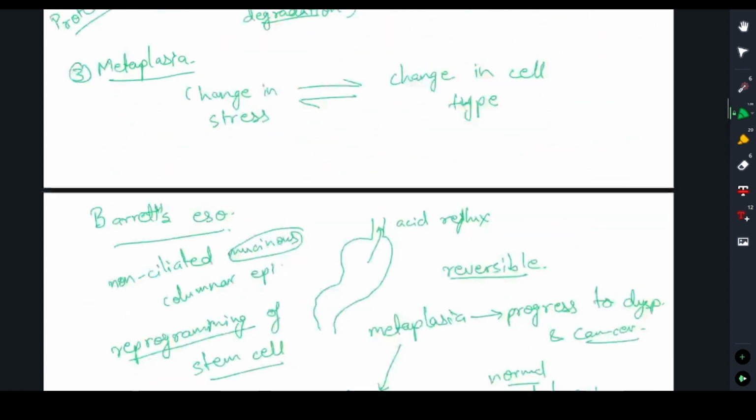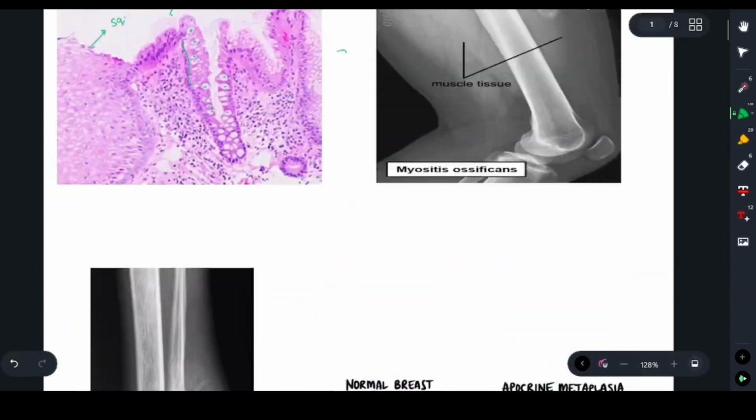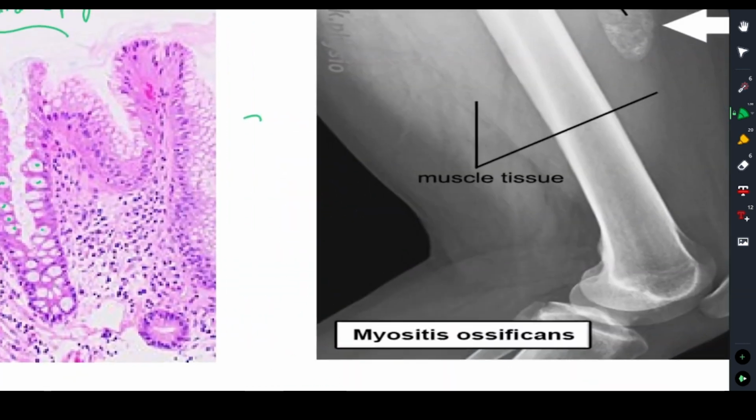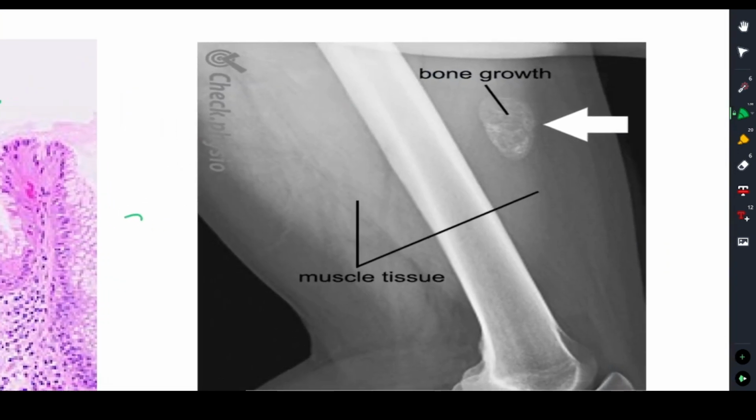So let's see the diagram. Basically, you will understand it better on the X-ray. So this is the bone, and surrounding it is the muscle tissue, right? So a trauma would have occurred, or there would have been inflammation of the muscle, right?